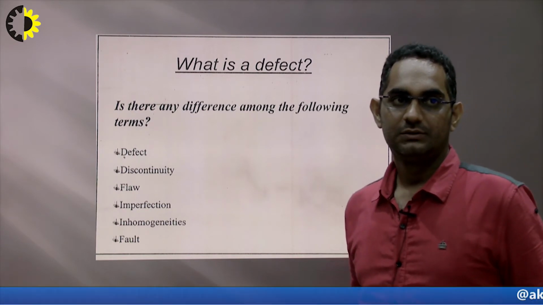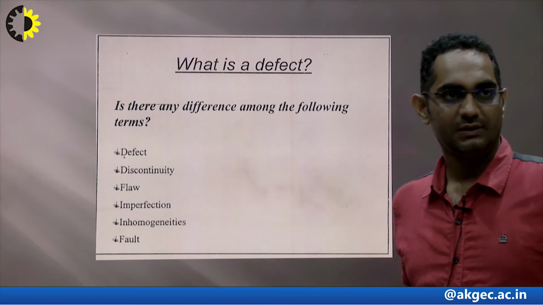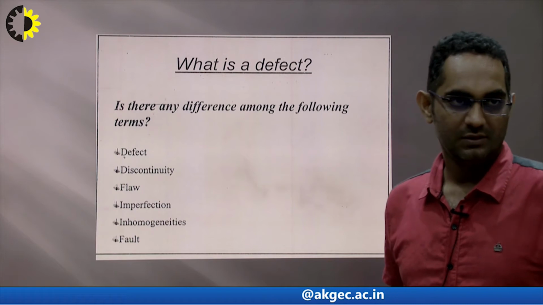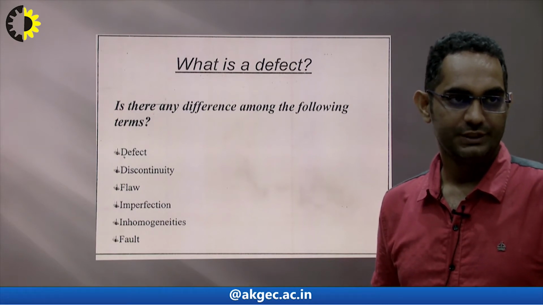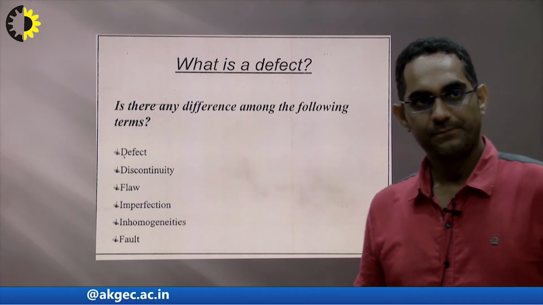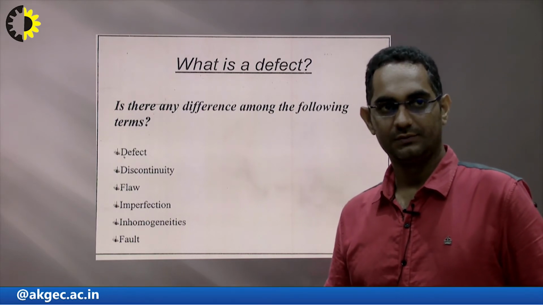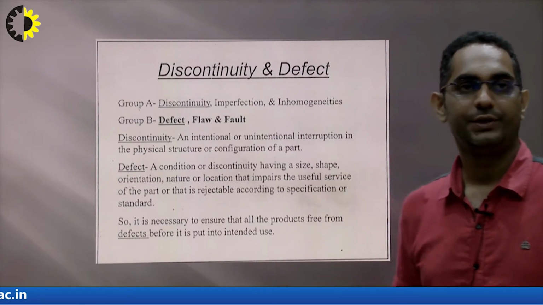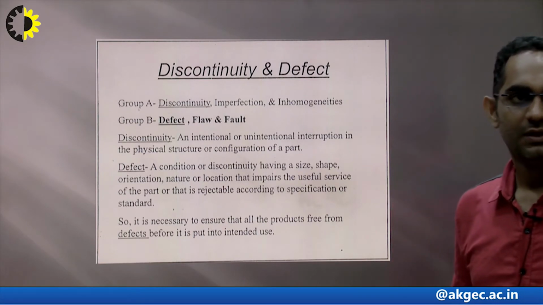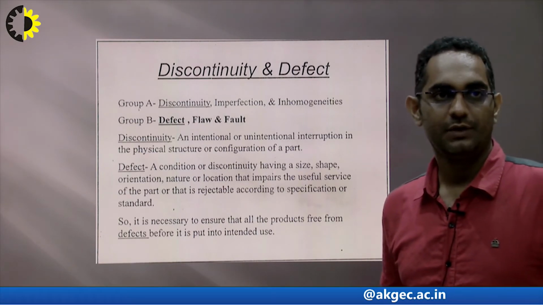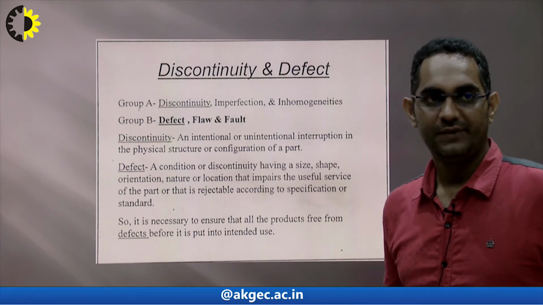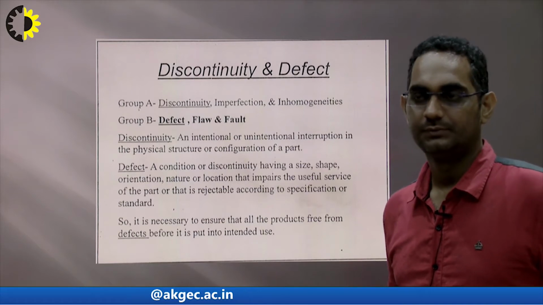Next are discontinuity and defect. Group A is discontinuity, imperfection and inhomogeneities, and group B is defect, flaw and fault.